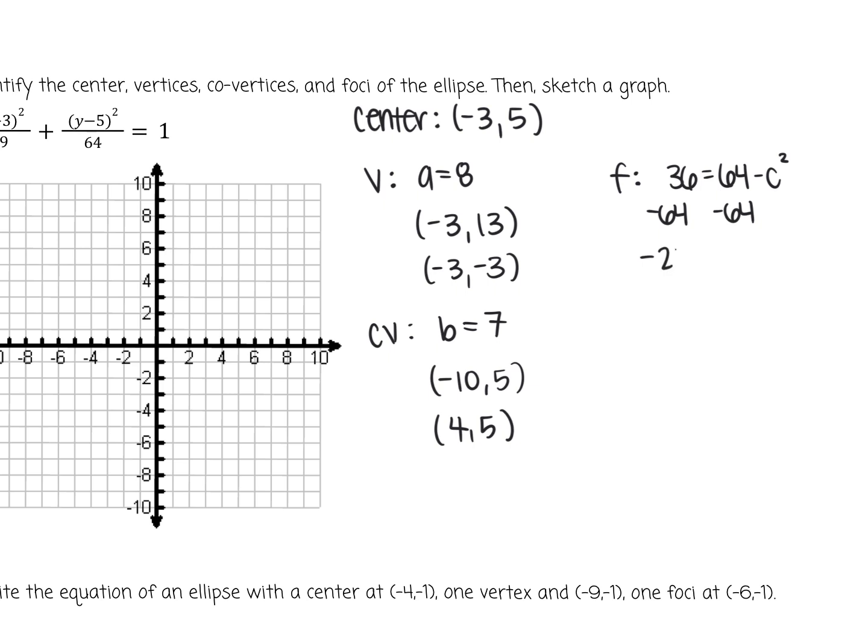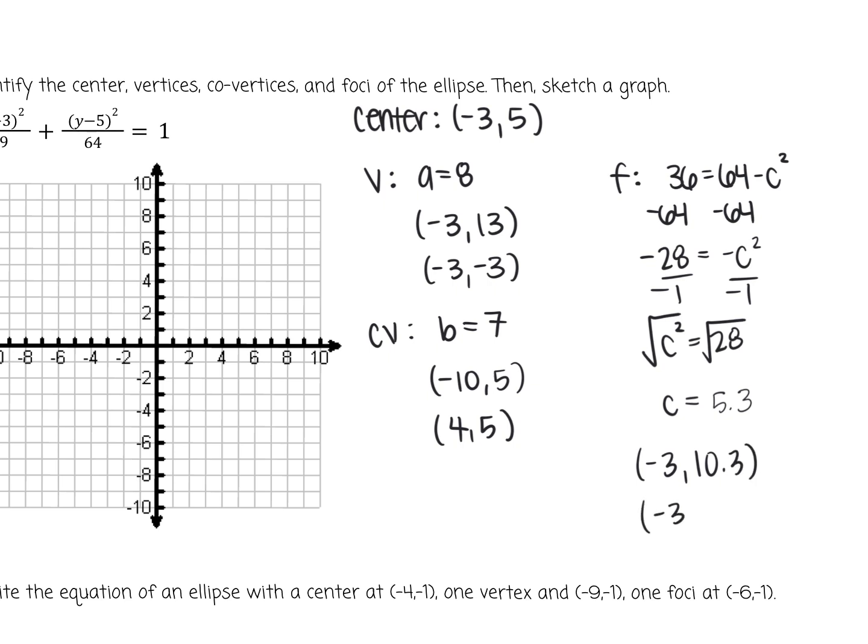We get negative 15 equals negative c squared. Divide by negative 1. C squared equals 15. Take the square root, and we get that c is approximately 3.9, which we're going to add and subtract from our y coordinate. So (negative 3, 8.9) when we add, and then (negative 3, 1.1) when we subtract.